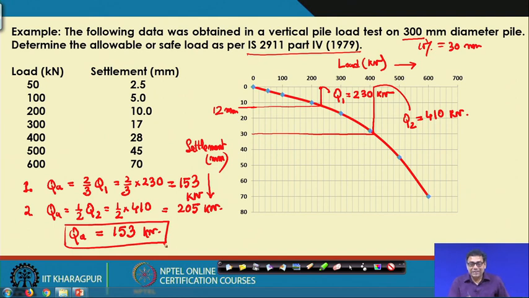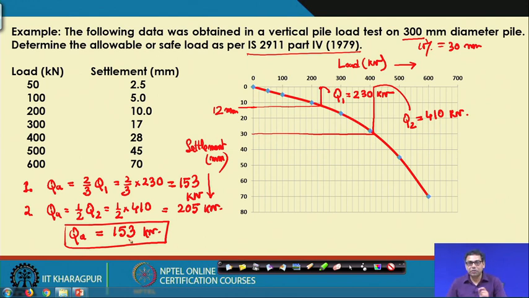In a similar way, we can determine the allowable load carrying capacity of a group pile also. But these tests are continuous tests, because the data is continuous. Here I will get only the Q allowable, but I do not know the separate contributions of tip resistance and friction resistance in this 153 kilonewton.